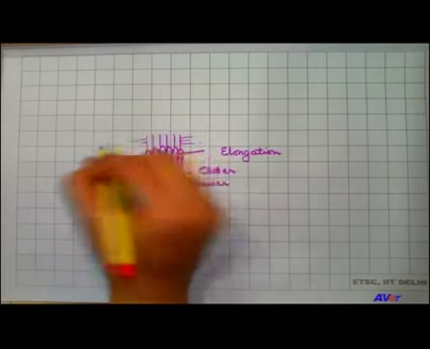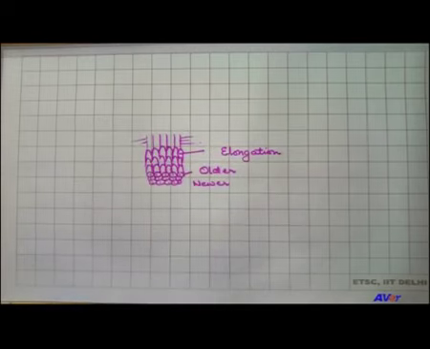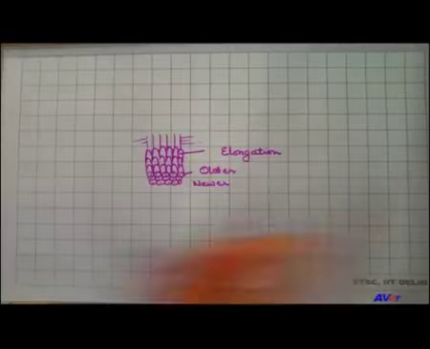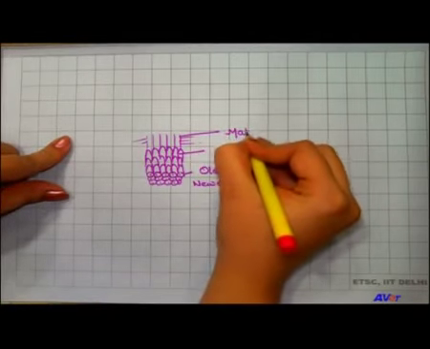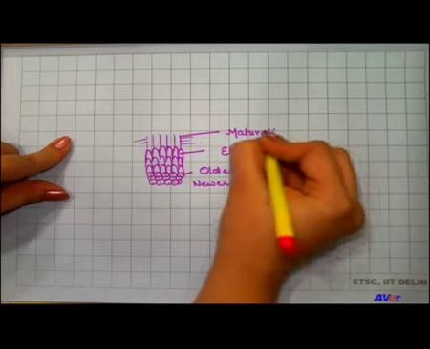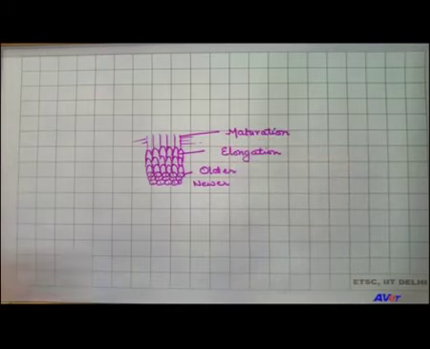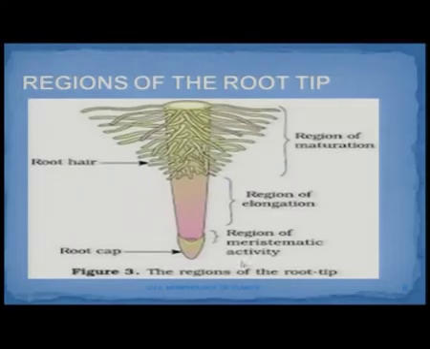These root hairs will be used for absorption of water and minerals, and the xylem and phloem, that is the vascular connections, will also be formed. So, this is the zone of maturation, where the older cells get mature, and this is how the root tip is formed. These are the three regions of root tip. I repeat again: the region of meristematic activity, region of elongation, and region of maturation.